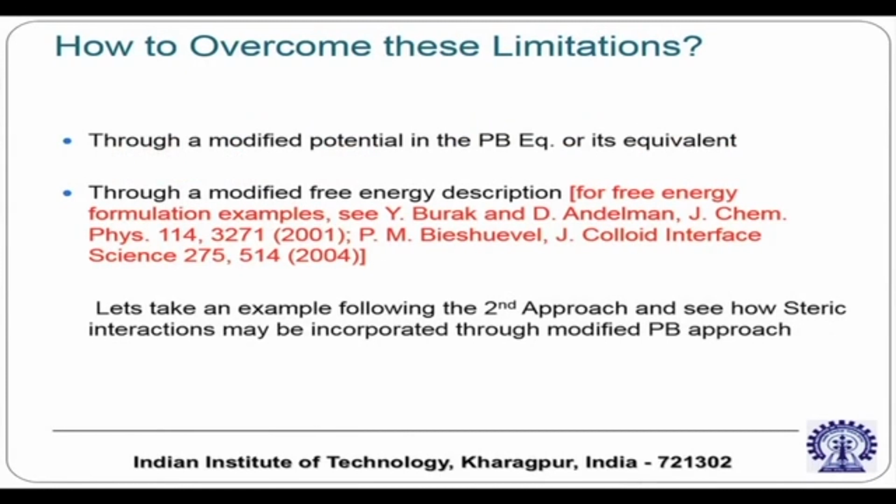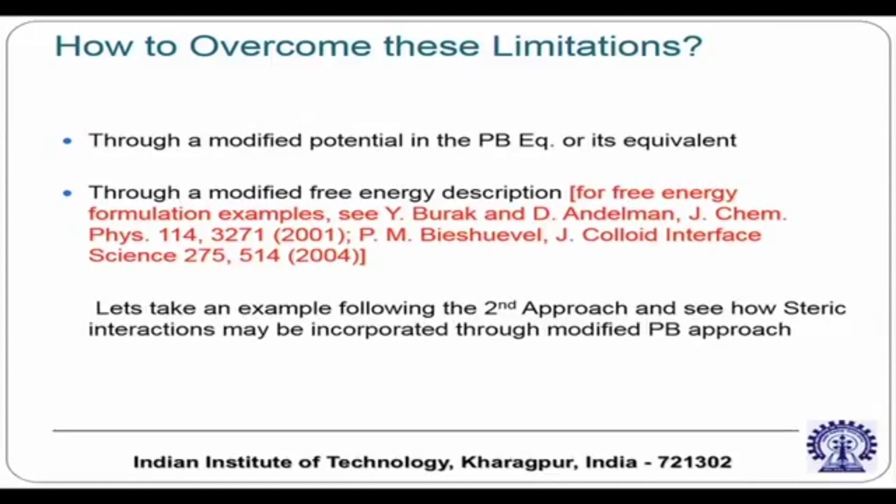So we understand that the Poisson-Boltzmann model needs to be corrected. The question is how it can be corrected. Through a modified potential in the Poisson-Boltzmann equation, that is one possibility, where we modify the ideal potential with some augmented potential that incorporates these interactions.